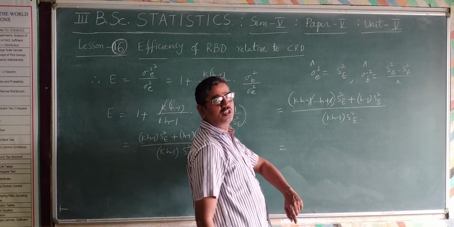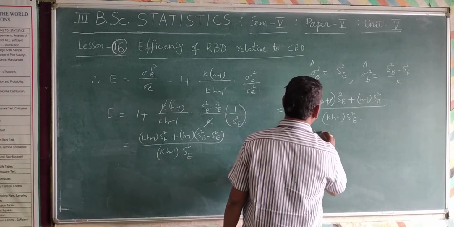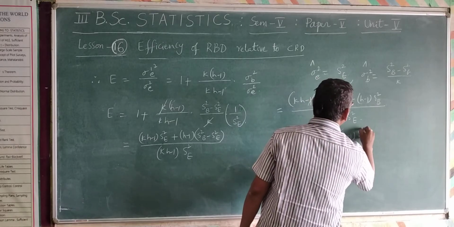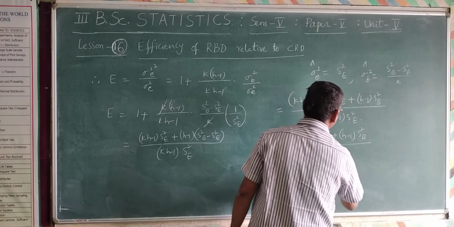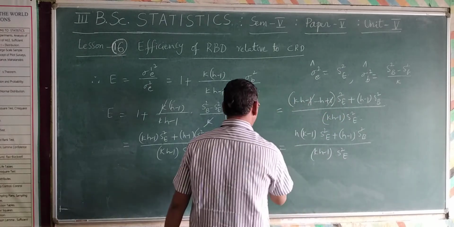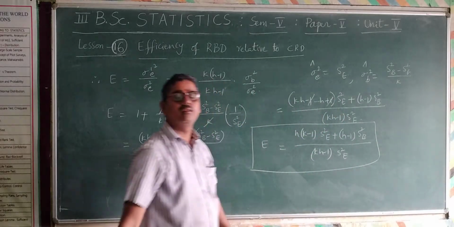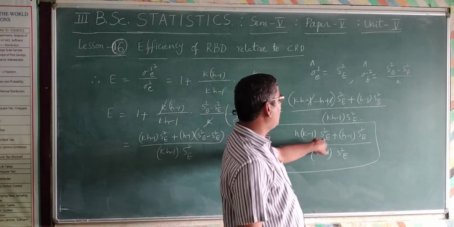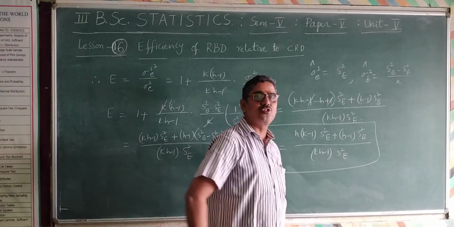KH minus H, take a common H, H into K minus 1 multiplied by S square E plus H minus 1 into S square B, divided by KH minus 1 into S square E. This is the efficiency of RBD relative to CRD.